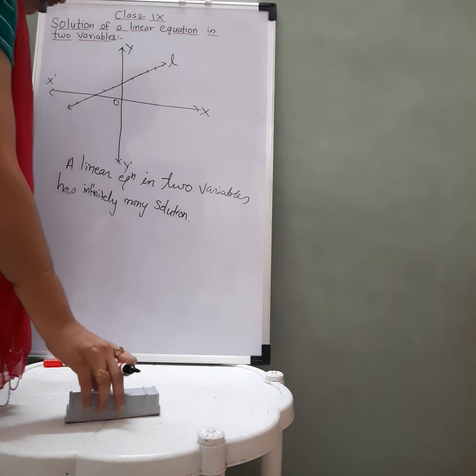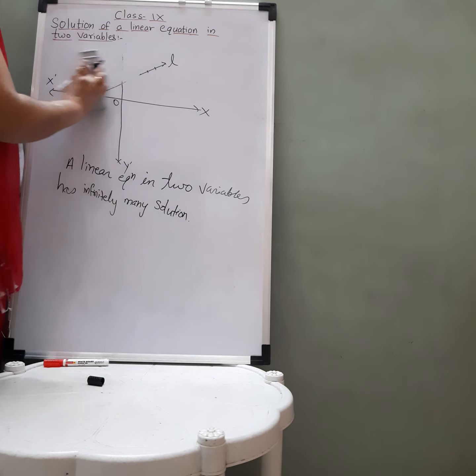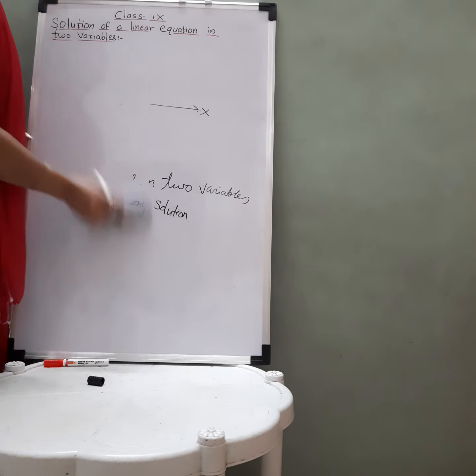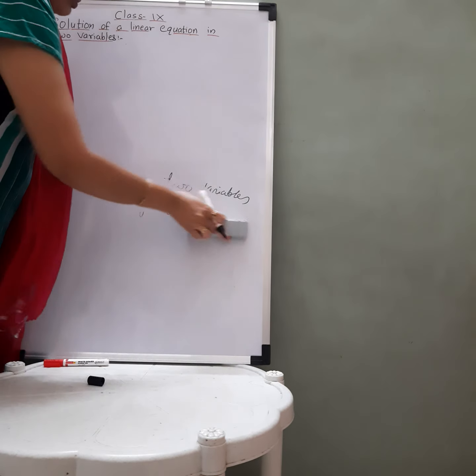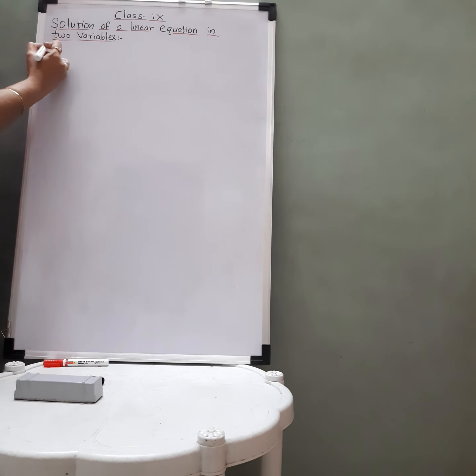Okay. Now I will explain this point, that a linear equation in two variables has infinitely many solutions, by taking one example. If not infinite, I will find out 4 solutions only, but you can find many solutions for the given equation.